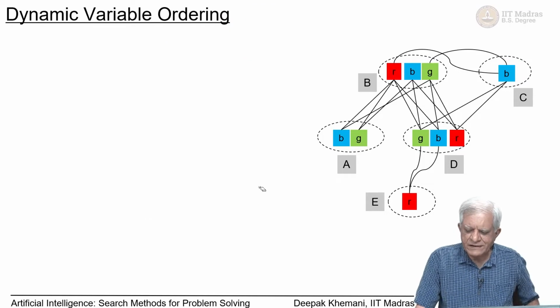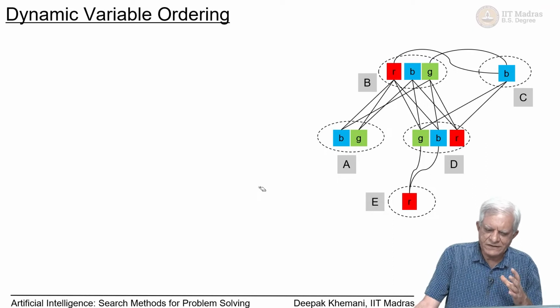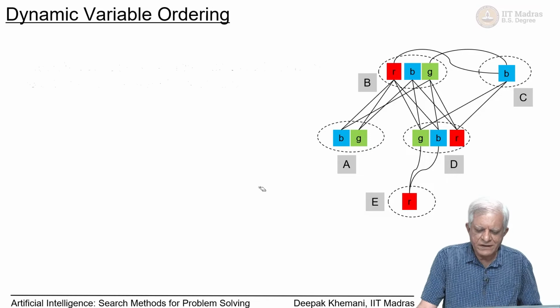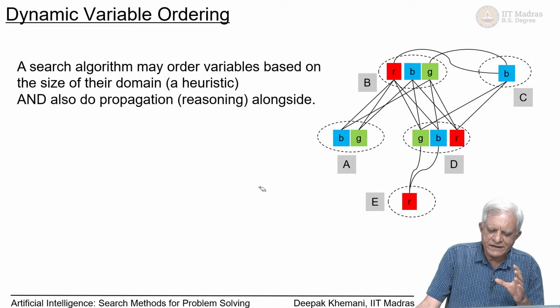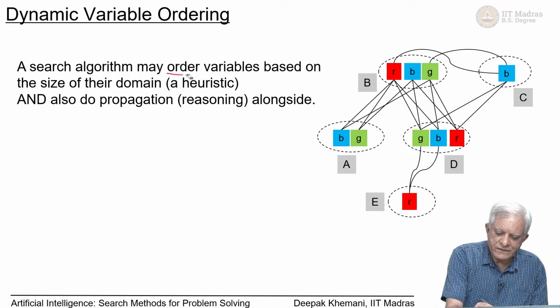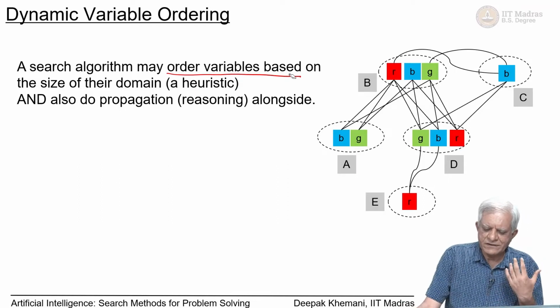So, let us illustrate the fact that constraint satisfaction problems combine reasoning with search, and there is an algorithm called dynamic variable ordering which illustrates this, and it does both. It does search. The search algorithm may order the variables based on the size of their domain, and so choose the variable for assigning a color.